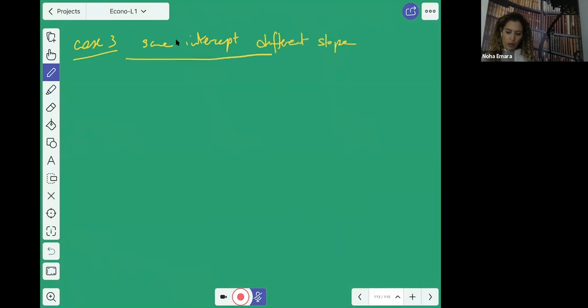So let's have a model where yi is beta 0 plus beta 1 xi plus beta 2 xi times di plus ui.